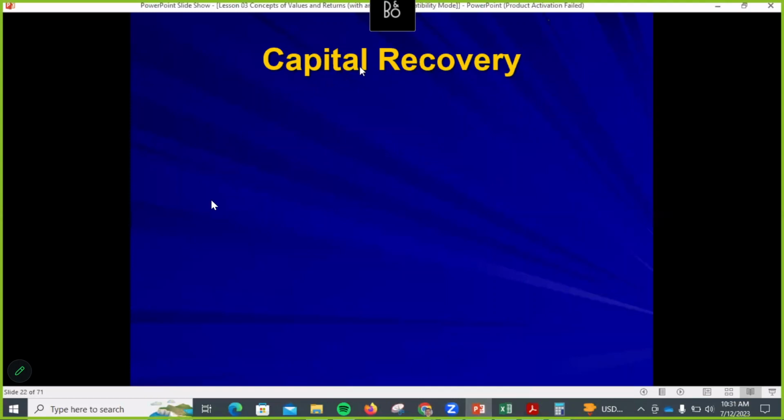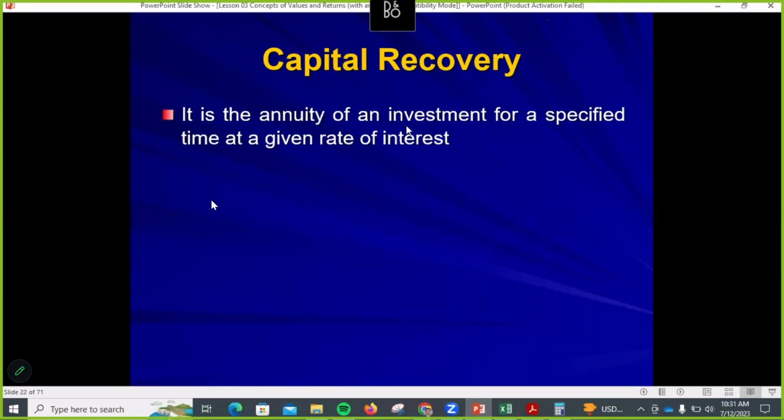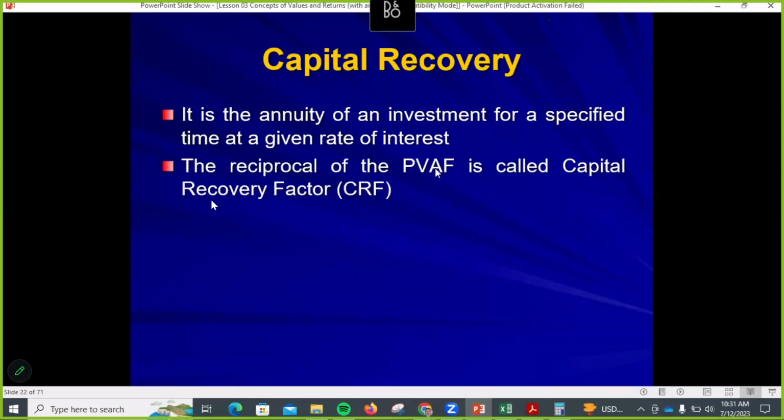Then capital recovery is another concept used. It is an annuity of an investment for a specific time at a given rate of interest. So the reciprocal of the present value annuity factor is called the capital recovery factor.